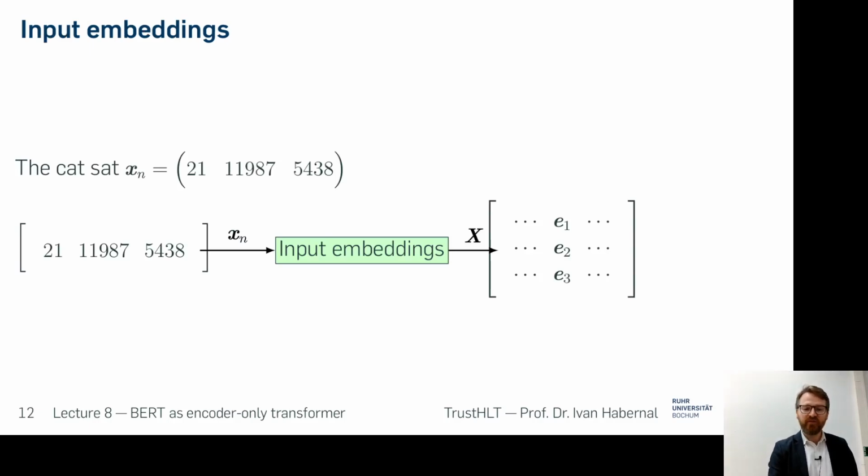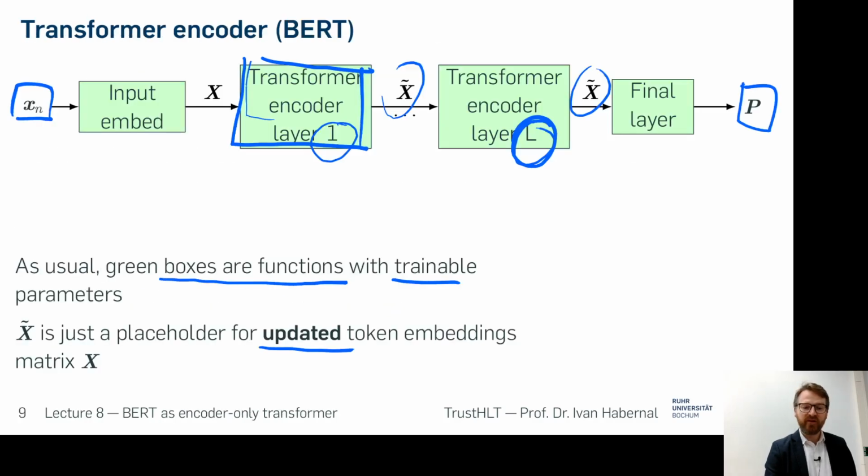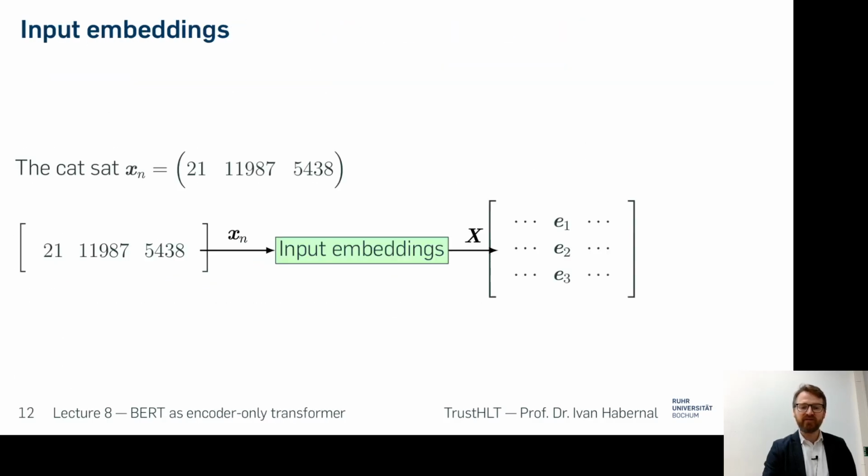So for example, the input sentence could be "the cat sat", and these are the indices in our token vocabulary. So this is the input sequence, and the first thing I'm going to do is to transform the input IDs into input embeddings. I need to embed these discrete tokens into some embeddings. What I'm doing is basically the same thing we did with training word2vec.